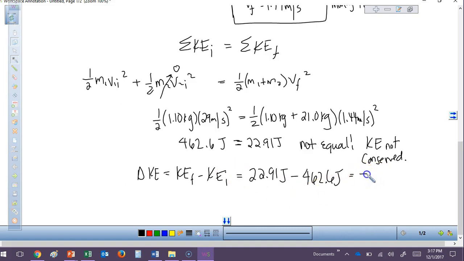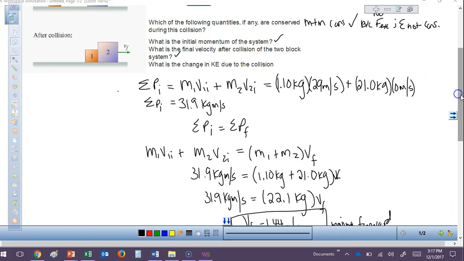I get negative 439.69 joules. Again, the negative sign makes sense because this is final minus initial, so we started off with more energy and we don't have as much left over. This is actually a substantial loss. Notice that's way bigger than what we calculated before. So yes, there is energy loss in this.